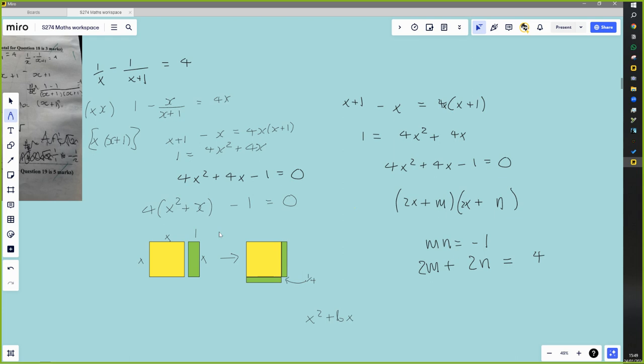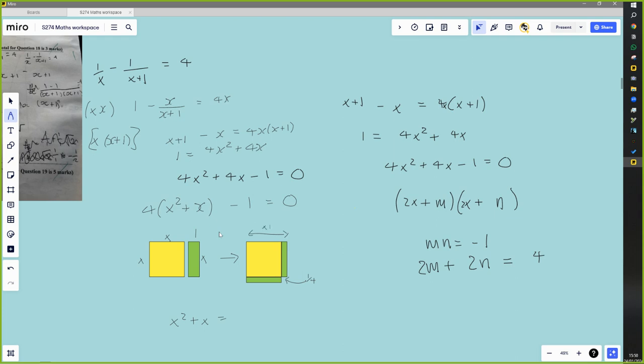Sorry, I've said that in general you'd say that the area would be x squared plus bx, but in this case it'd be x squared plus x, right? So what we can say then is that this area, x squared plus x, is equal to the area of this square minus the missing bit.